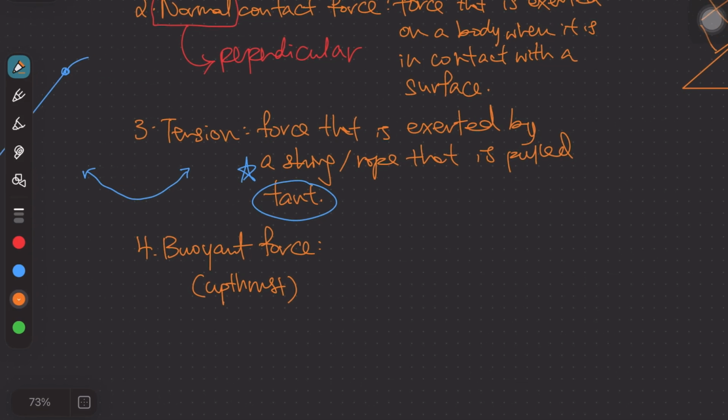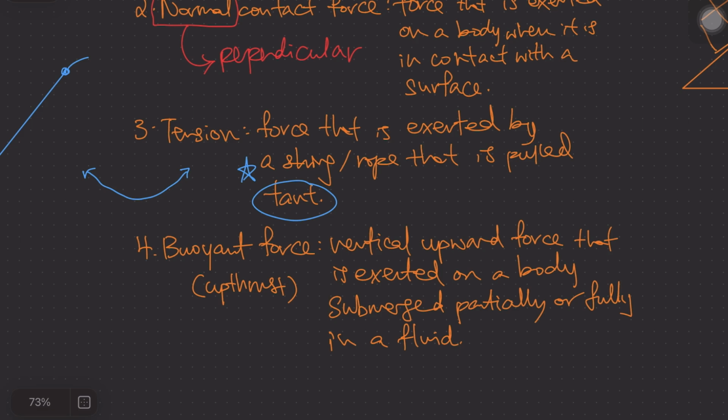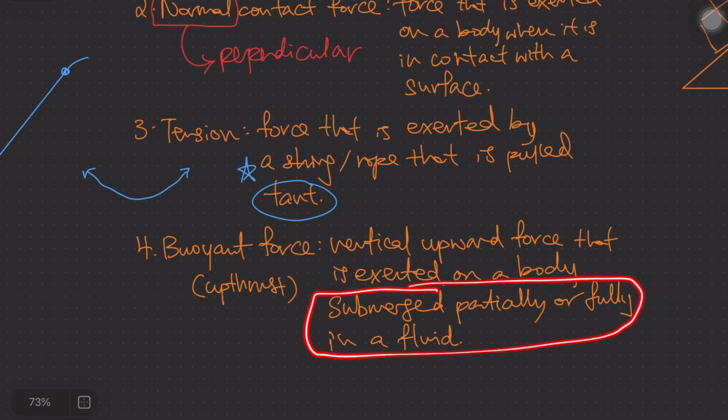Buoyant force is the vertical upward force that is exerted on a body submerged partially or fully in a fluid. The keyword here is that it must be submerged partially or fully in a fluid.